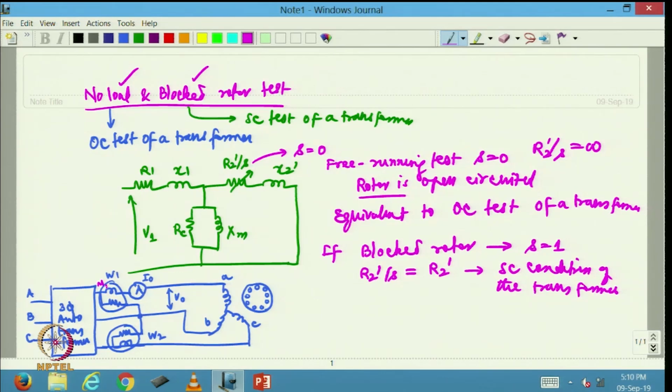This is M1, this is L1, this is common and this is V1. Similarly, this is going to be M2, this is going to be L2 and this is going to be common and this is going to be V2. This is how the terminals are. Now, I am going to note down the readings V0, I0 and W1 plus W2.